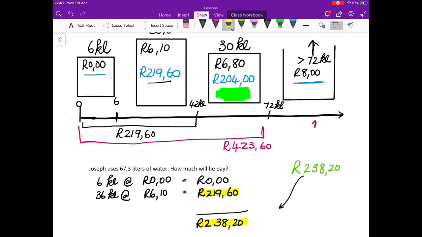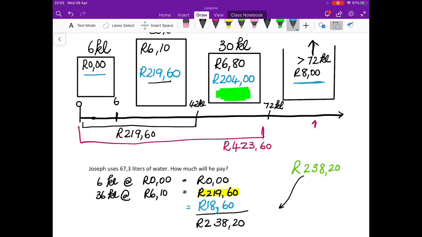So I'm going to do the inverse operation. I'm going to say 238 Rand 20, and I'm going to minus 219 Rand 60, and I will get a total of 18 Rand and 60 cents. That is what it's going to cost me in this bucket of water.